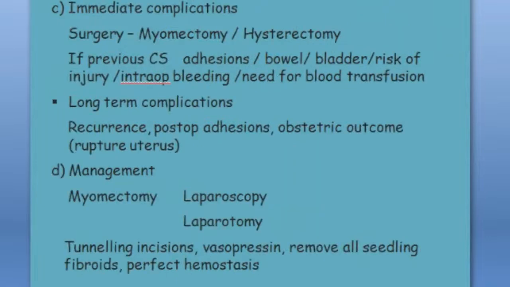The next question was about counseling. Now, here counseling is important because she's a young woman, and we have decided to go about with a conservative surgical modality. Now, the most important thing here is to counsel her regarding the surgery that we are planning to undertake.